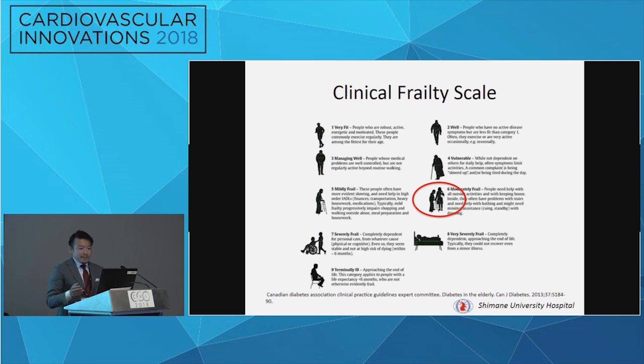I see her in my outpatient department once every 3 months. Now she's 94 years old and doing fine. Last month I saw her, and she forgot her walker in my room, and she walks on her own feet. So it's very good.